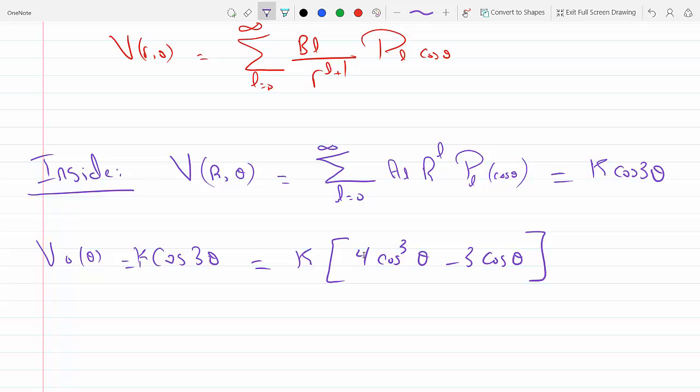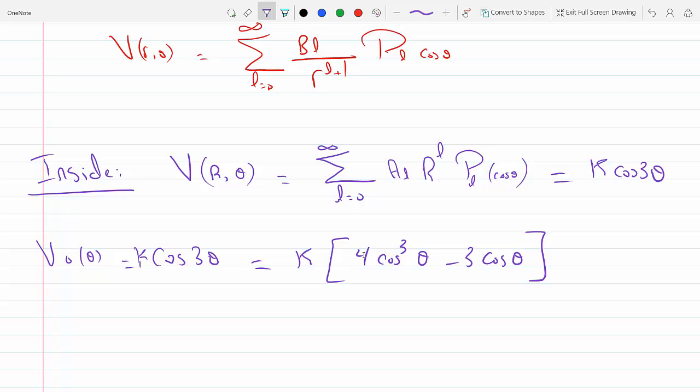This is a third order polynomial, and I know that the Legendre polynomials are a complete set, which means I can take any third order polynomial and express it as a combination of the first 4 Legendre polynomials.